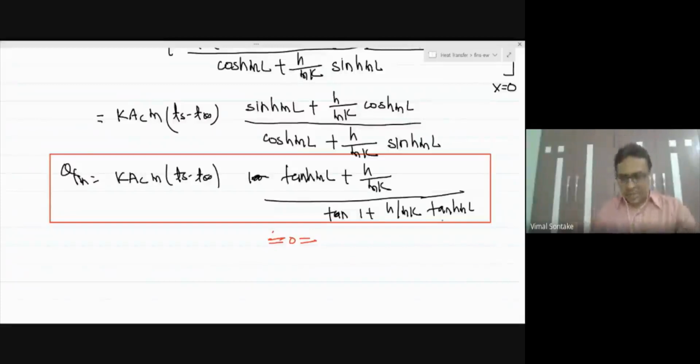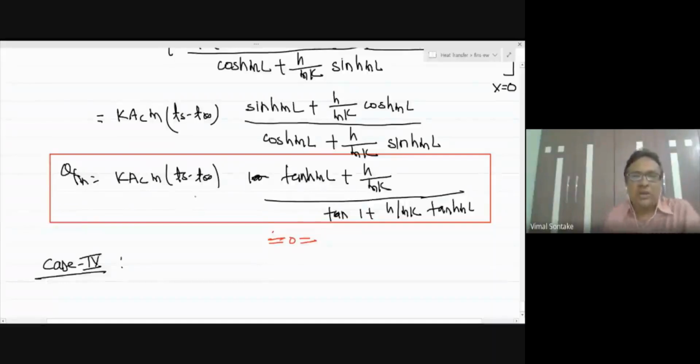Okay. Now let us discuss the last case, case number 4. I'm not going to derive it actually. Rather, I'm giving the boundary conditions for this case and only the end equation.